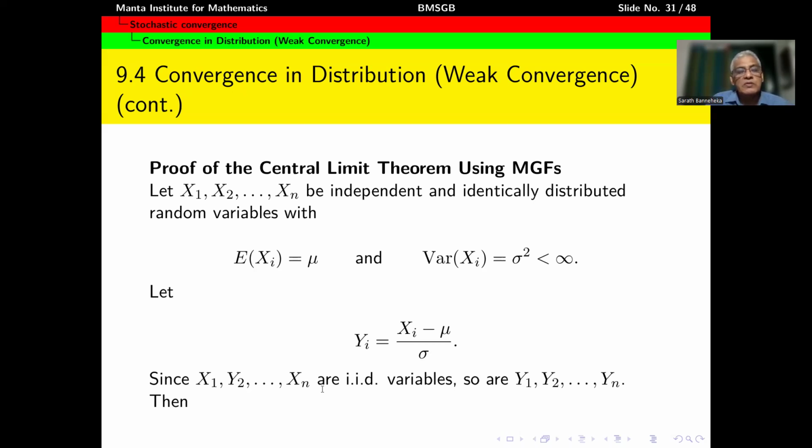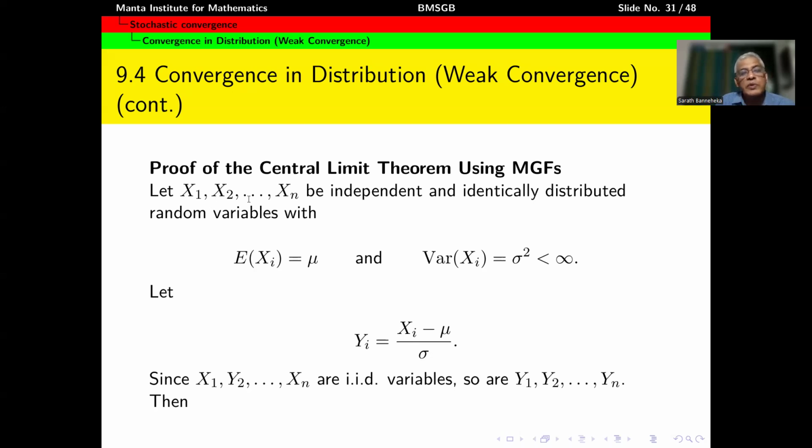So now let us standardize each variable. Consider the standardized variable yi. Yi is equal to xi minus the mean of xi divided by the standard deviation of xi. So that is actually the standardized xi. Right.